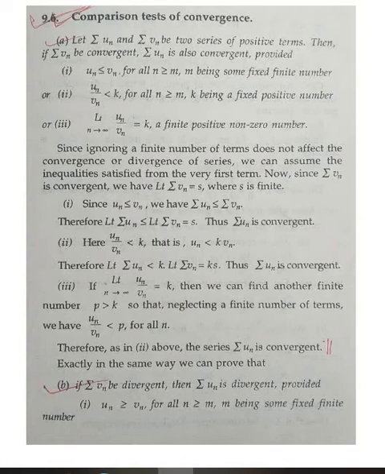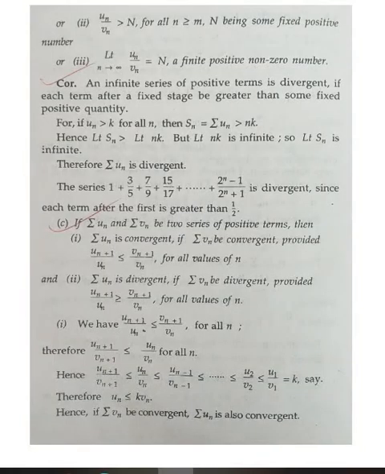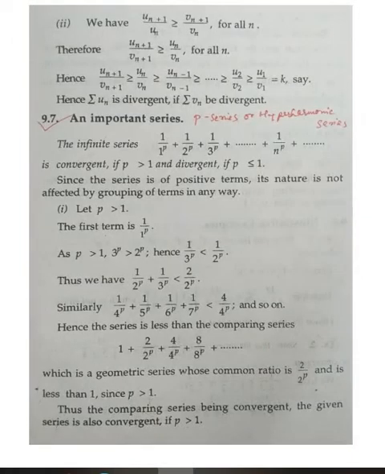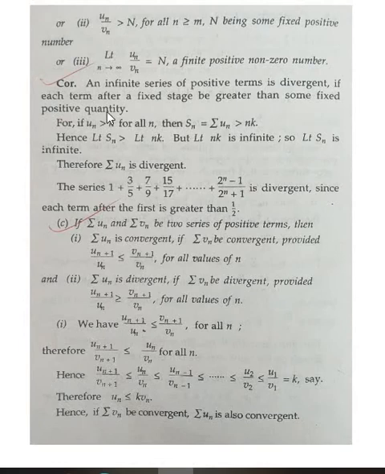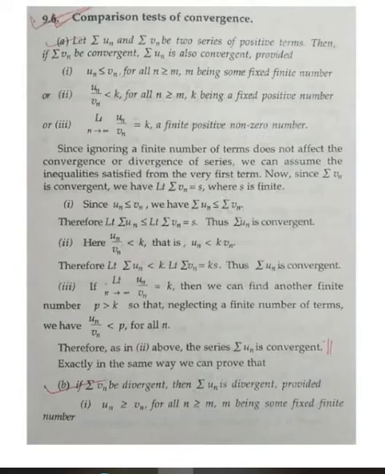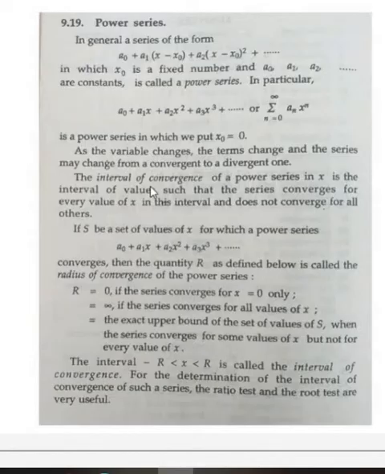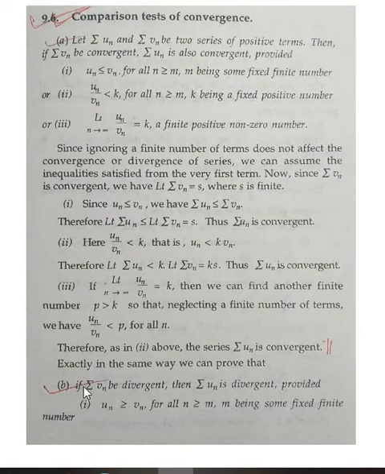Let us see the next page. You see the same criteria are satisfied, only it is greater than equal to. That means, if summation Vn be divergent, then Un is divergent, provided Un is greater than equal to Vn.